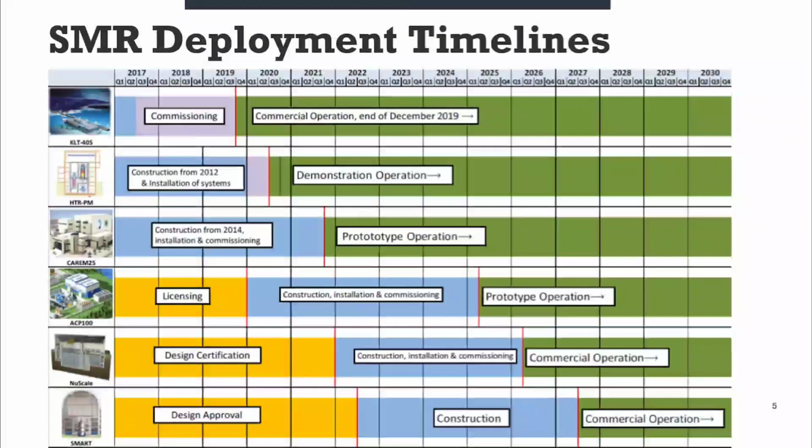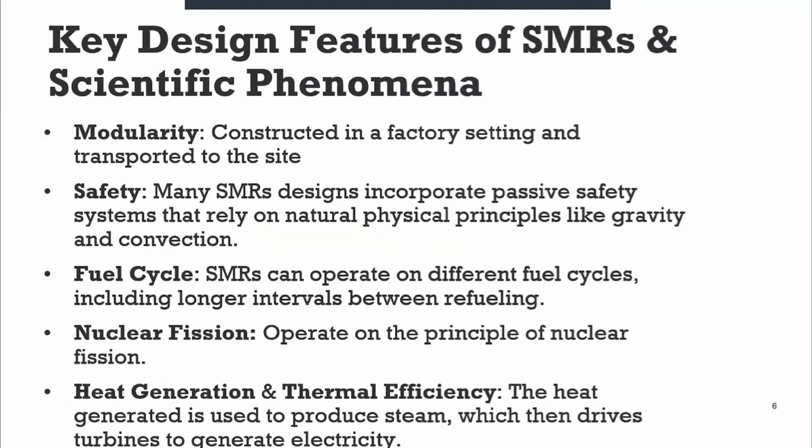Now let's look at the key design features and the scientific phenomenon behind small modular reactors. As we have seen, they use the same phenomenon of nuclear fission. But what makes them special is their modularity. The fact that they can be constructed in a factory and transported to site reduces the timelines of construction and also cuts certain costs.